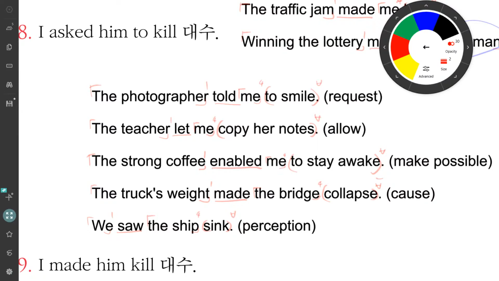An important thing to learn for type 5 sentences is which verbs should be followed by a to infinitive and which verbs should be followed by a bare infinitive.